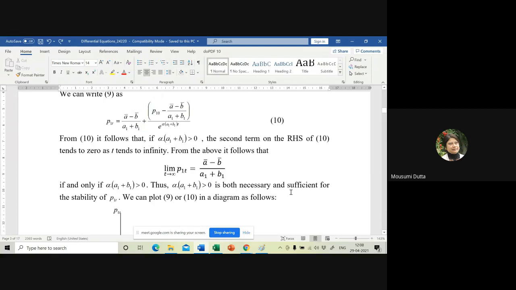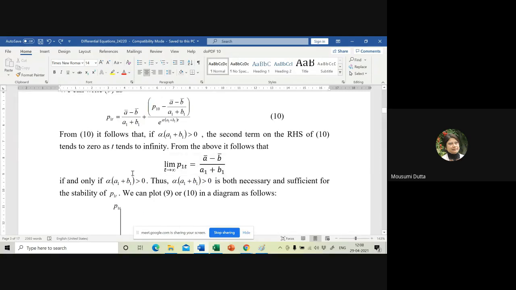From the above, it follows that limit t tending towards infinity P1t will be equal to A bar minus B bar by A1 plus B1. So as t tends to infinity, the price in the limiting sense will move towards equilibrium if and only if this value is positive.